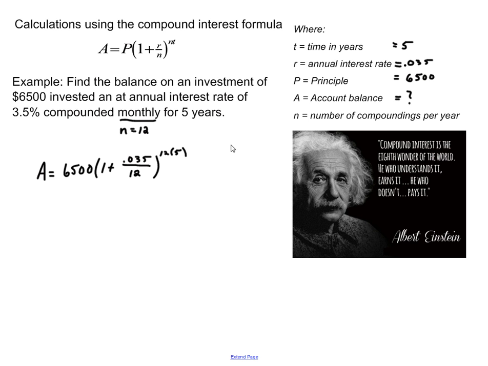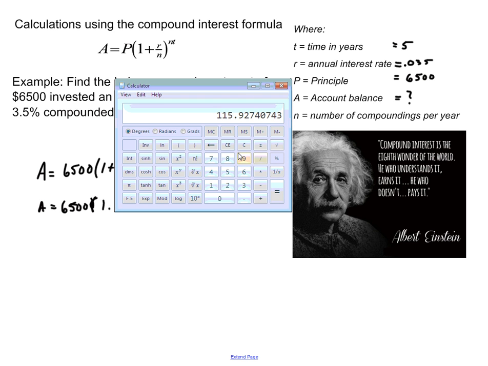Okay, now just for the sake of illustrating with an in-between step, I'll show you what this actually looks like. I'd be taking 6,500 and multiplying it by 1 point something. And what is that going to be? Well, let's work this out.